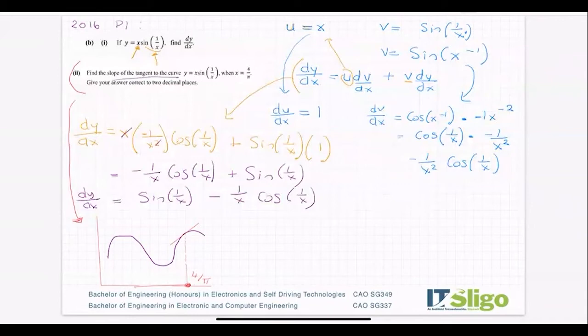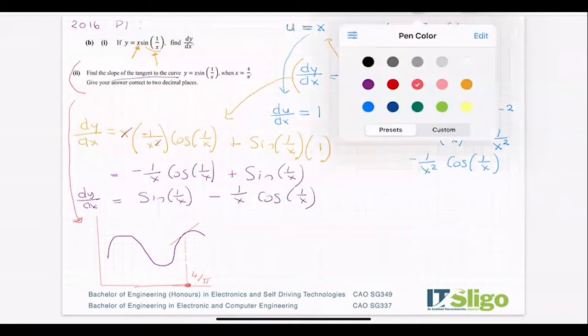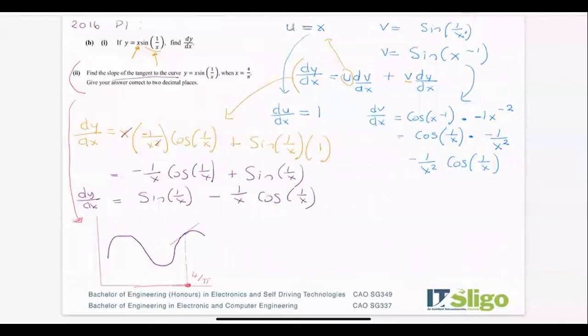What this question is saying is that if you find out the slope of the curve at that point here, just right at that point, you will get the exact same answer for the slope of the curve at that point as if you basically got the slope of a tangent that was drawn at that point.